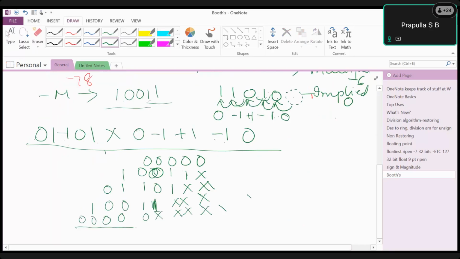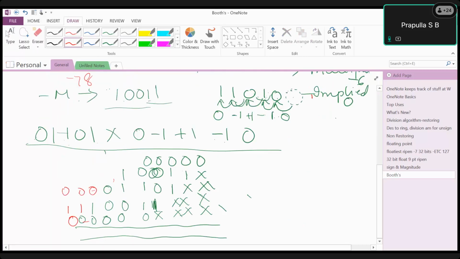Now if you just add this, you will get a wrong answer. So we have to do something called sign extension. What is this sign extension? Your product should be equal to 10 bits. Here it is 9 bits, so I should add one 0 to the left, because here the MSB is 0. Here I should add two ones because the MSB is 1. Here I should add zeros because my MSB is 0.